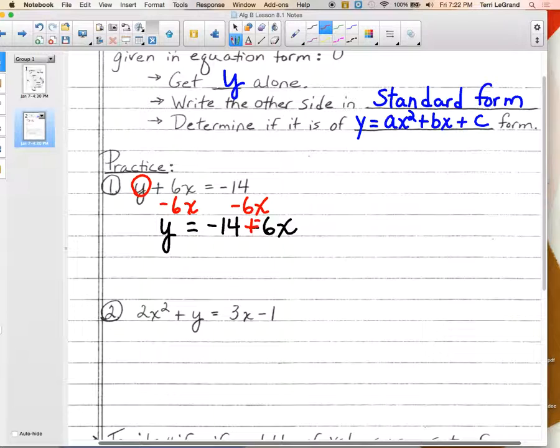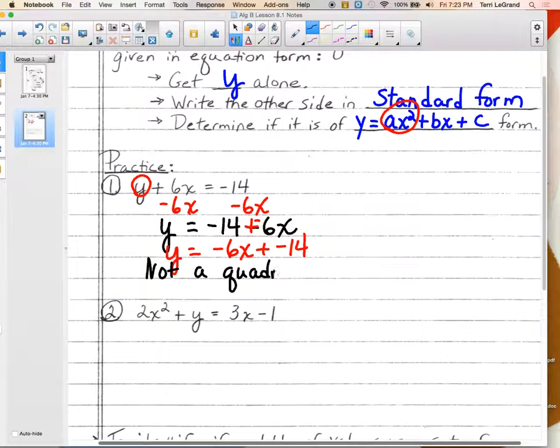So to get it in standard form, y equals, we're going to have the negative 6x trade places with the negative 14. And then we're going to decide, is that of the y equals ax squared plus bx plus c form? Well, it's got the bx, it's got the c, but what does it absolutely have to have? It's got to have the ax squared, and it does not, so we're going to say not a quadratic function.